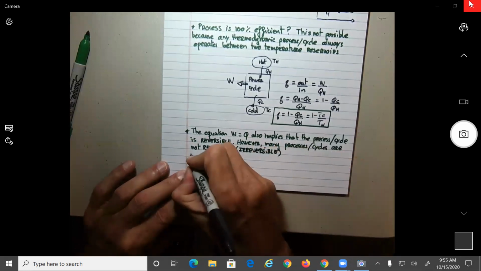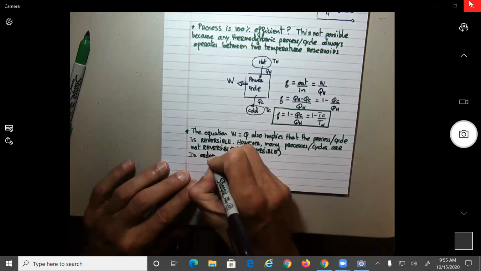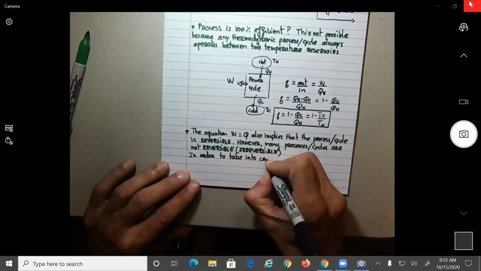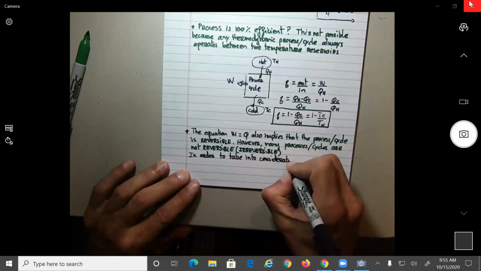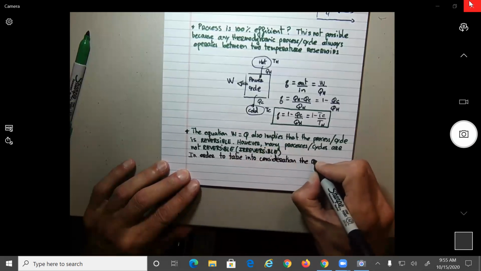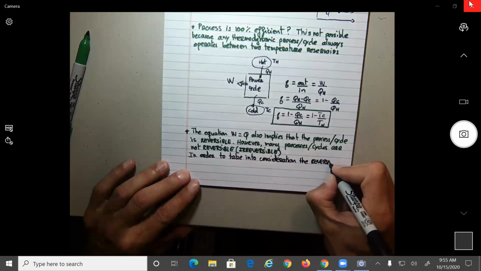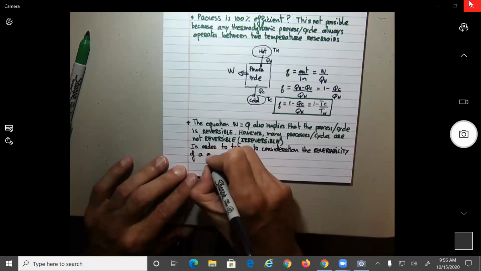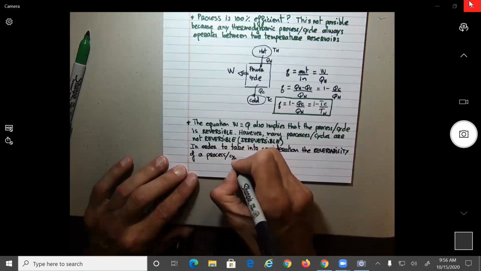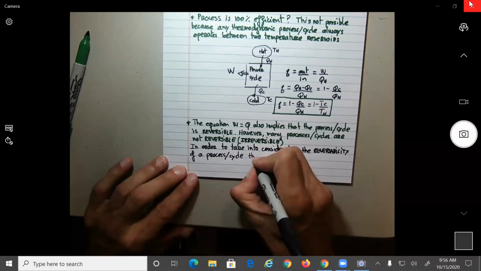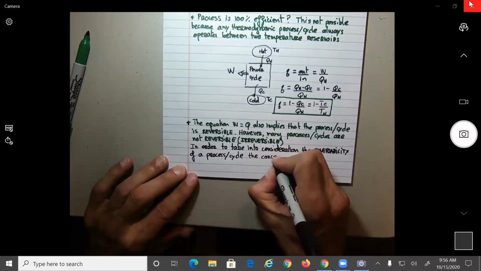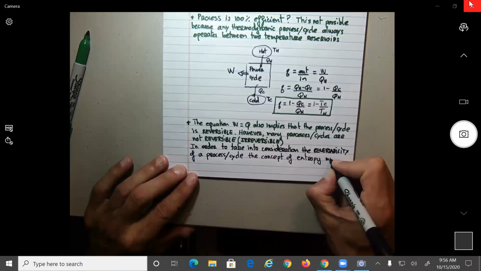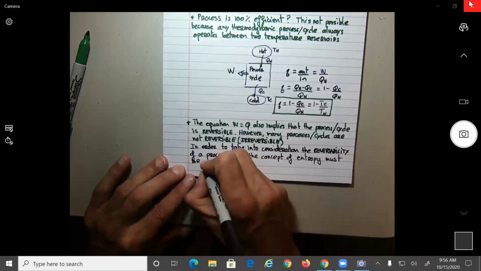So, in order to take into consideration the reversibility of a process/cycle, the concept of entropy must be introduced.